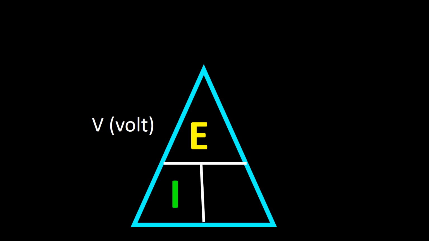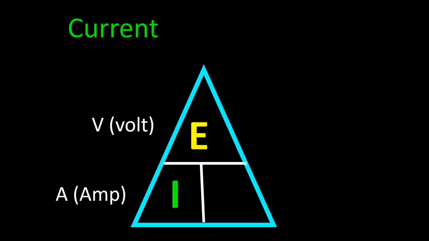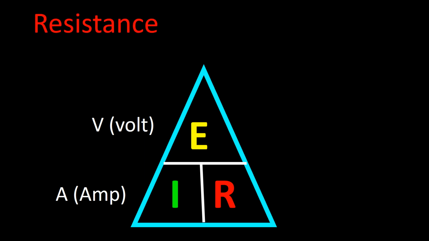Below, I place letter I for current. Current is measured in amps. Next, I place the letter R. The R is for resistance. Resistance is measured in ohms.